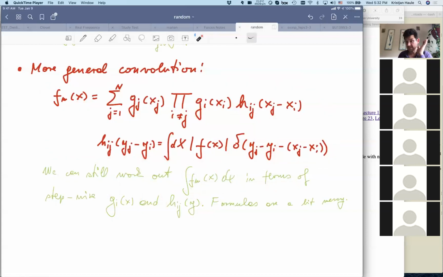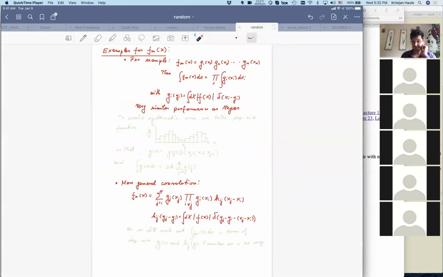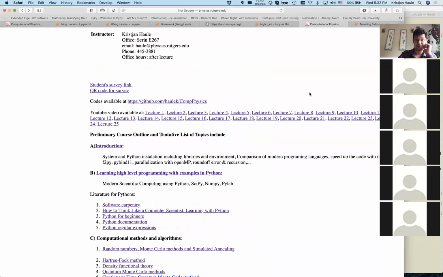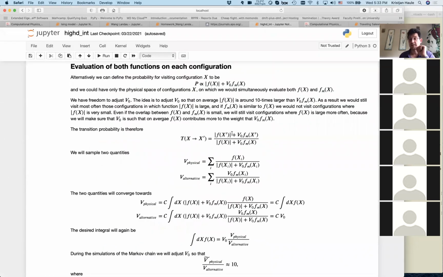I mean, you can work out everything. At least in this notebook that I shared with you, it's on the homepage, this is worked out. But I don't want to derive this here, it's hard to follow in class. But believe me, it's doable.